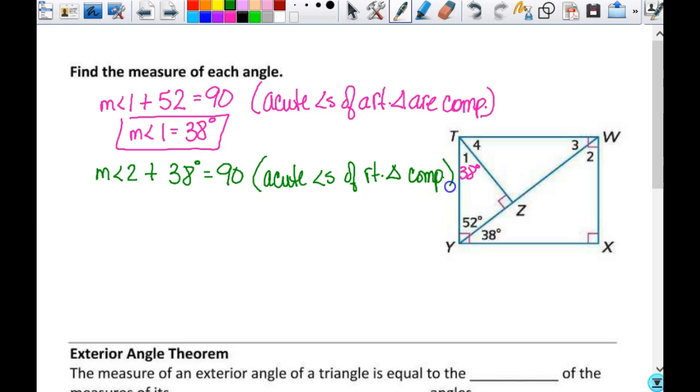I'll use less words and then it won't be as weird. Yes, sir. Yes, you have to have the explanations on it. All right, so then the measure of angle 2 is what? 52 degrees. And there we go.